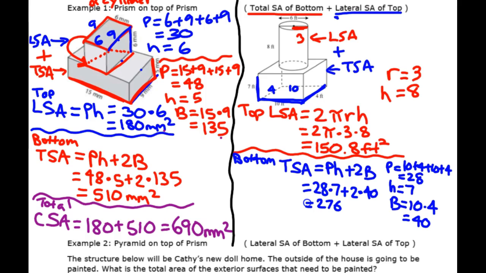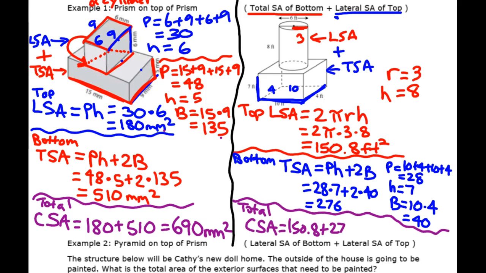I know this is a lot to fit on there. So for the total, my composite surface area, CSA, 150.8 plus 276 is what?